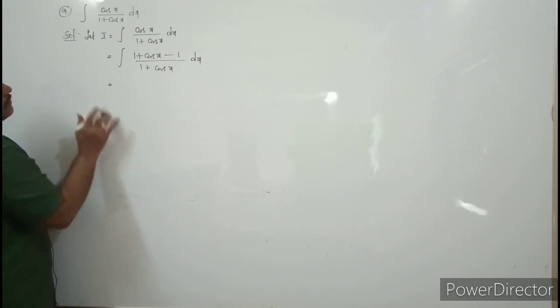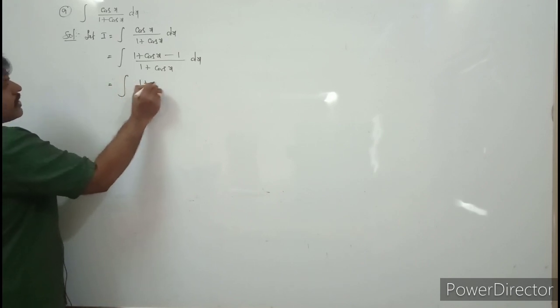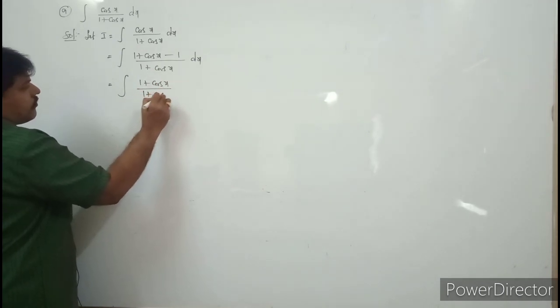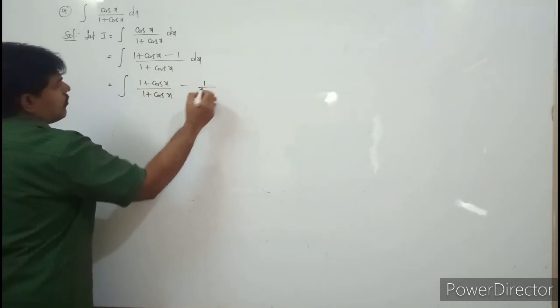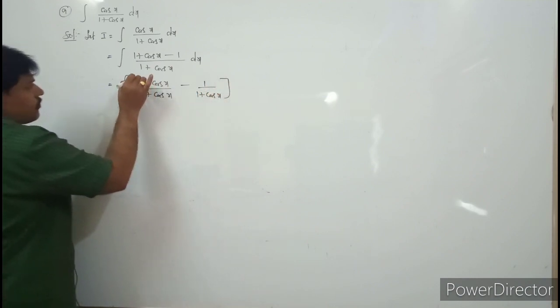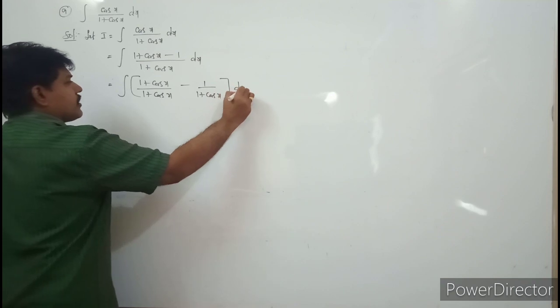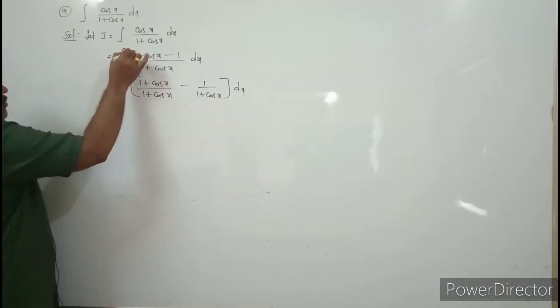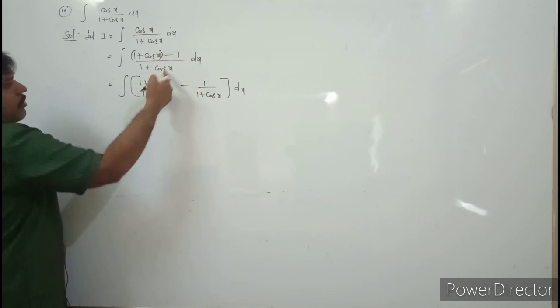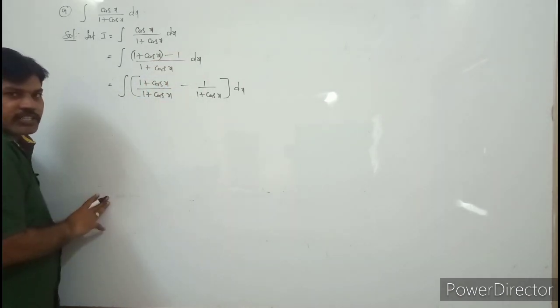So that is nothing but integral of 1 plus cos x by 1 plus cos x minus 1 by 1 plus cos x into dx. I separated it like this. Do you understand that?